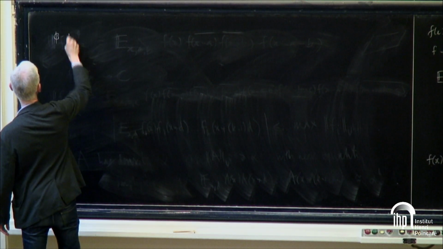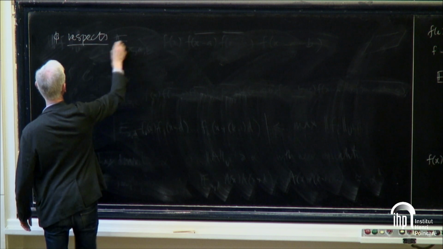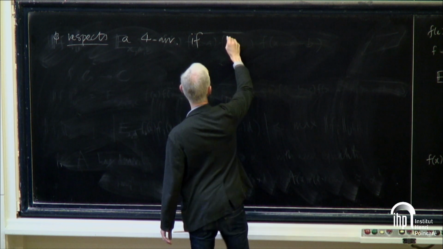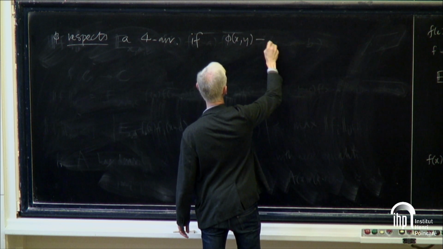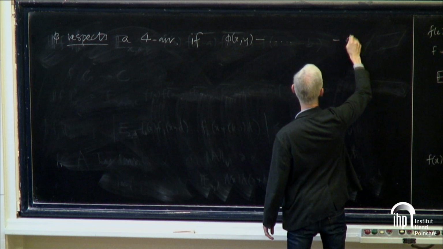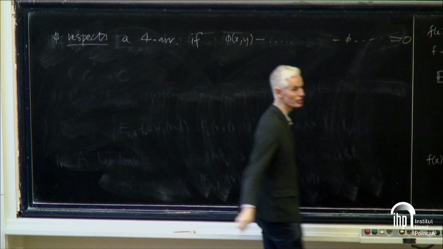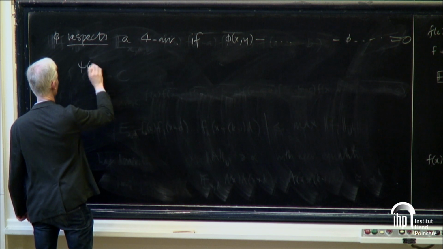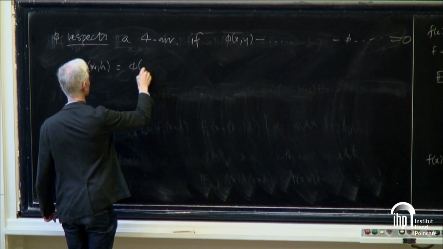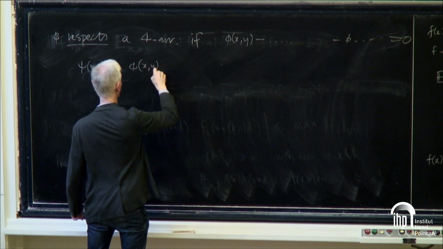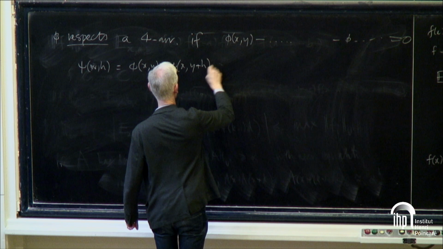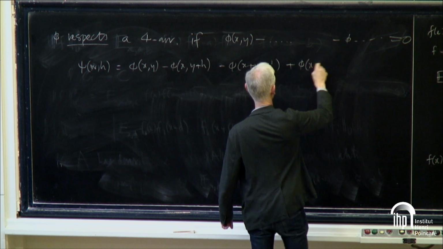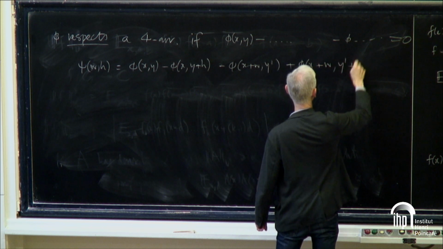So we say that phi respects a Fourier arrangement if, and yet another of these things, phi minus phi, whatever the last thing is, equals 0, which is just a way of saying, well, define psi of (w, h) to be phi(x, y) minus phi(x, y + h) minus phi(x + w, y') plus phi(x + w, y' + h).